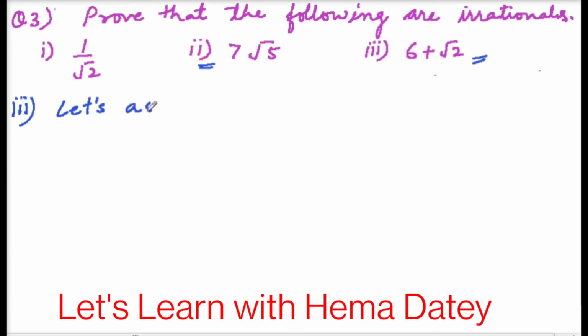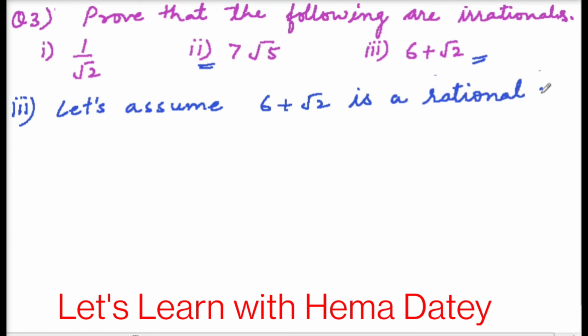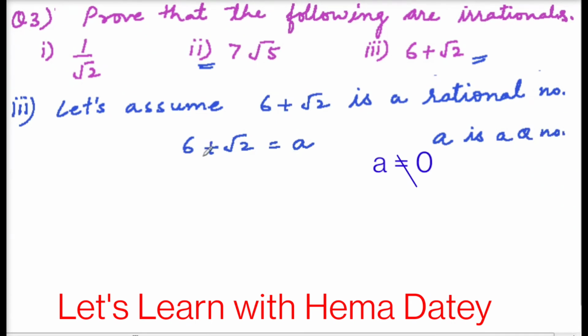Let's assume 6 plus root 2 is a rational number. So we can write 6 plus root 2 equals A, where A is a rational number and A is not equal to 0.